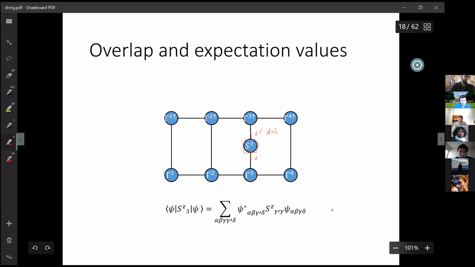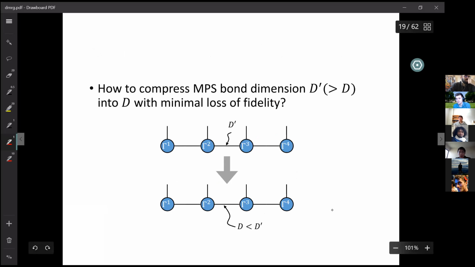Okay. All right. So, back to the previous question. How do we compress a matrix product state with bond dimension that is very high, higher than what we want, into capital D dimension, and with minimal loss of fidelity?